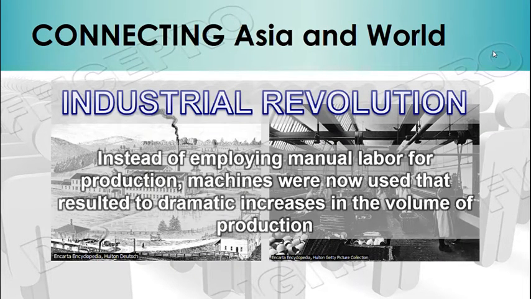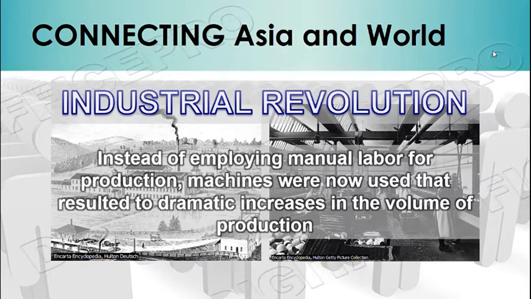So, kasi nung una, ang nangyari is manual labor. So, pag nagtanim ka, ikaw, no, o kaya naman, meron kang devices para mabilis yung pagtatanim mo. Ngayon, gumagamit ka na ng iba't ibang mga paraan para mas sobrang bumilis pa yung production ng mga goods and services na yan. That literally increases the volume of production of these particular basic commodities or necessities.